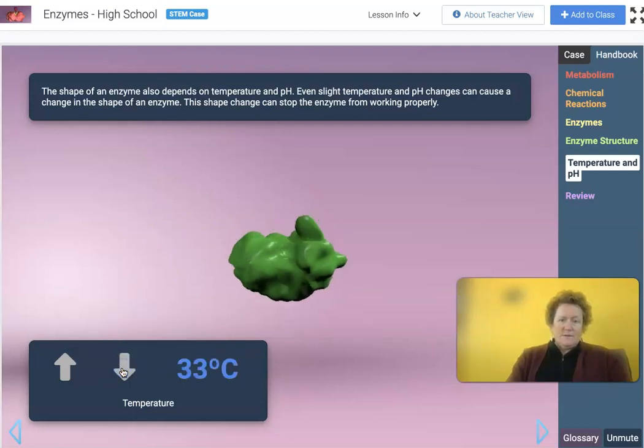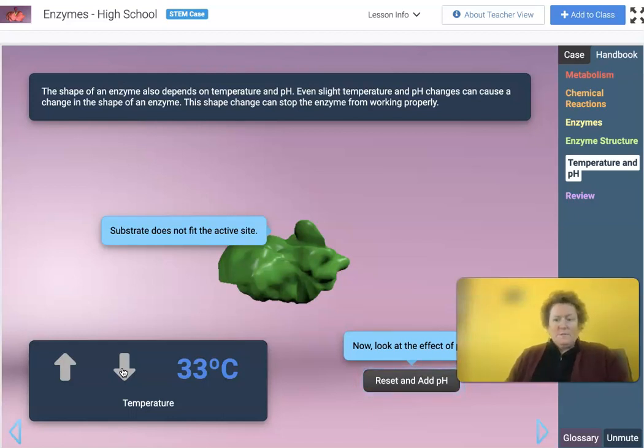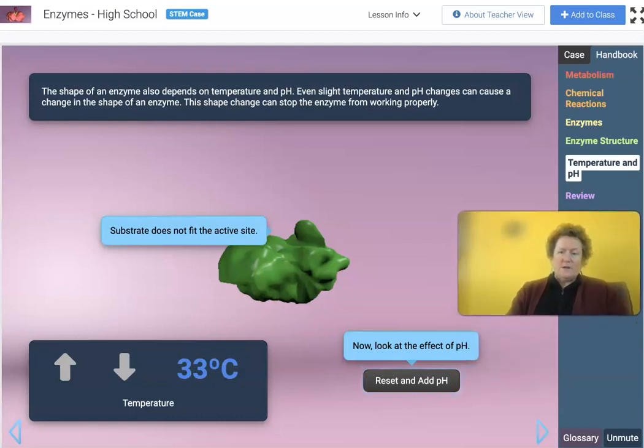If we decrease the temperature, the substrate doesn't fit the active site. This is why hypothermia, which is being too cold, or hyperthermia, being too hot, is really detrimental to your health. Your enzymes can change shape and not work anymore.